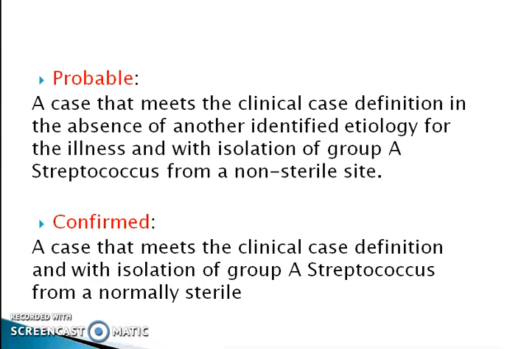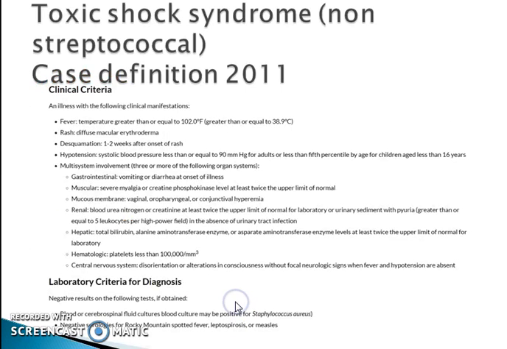A probable case meets the clinical case definition with isolation of group A streptococci from a non-sterile site, and a confirmed case meets the clinical case definition with isolation of group A streptococci from a normally sterile site.